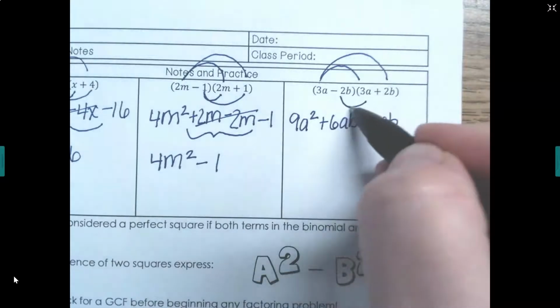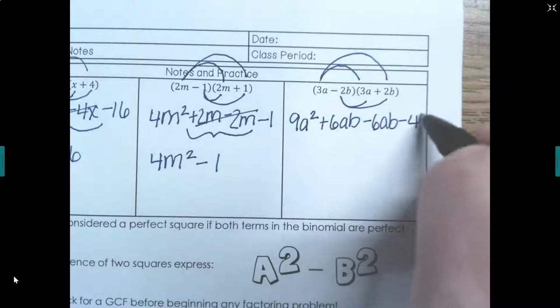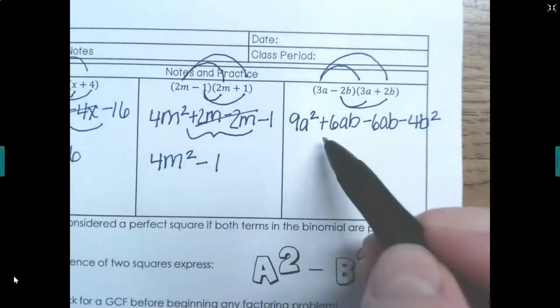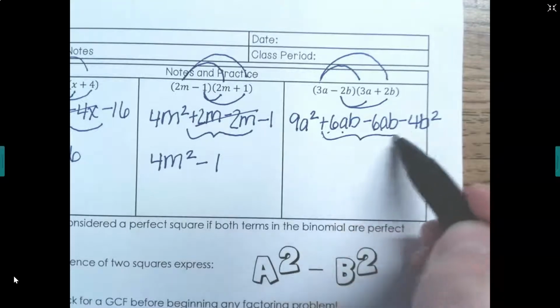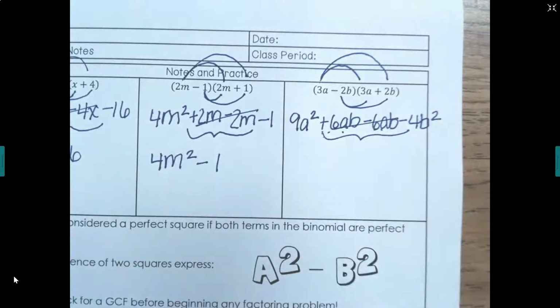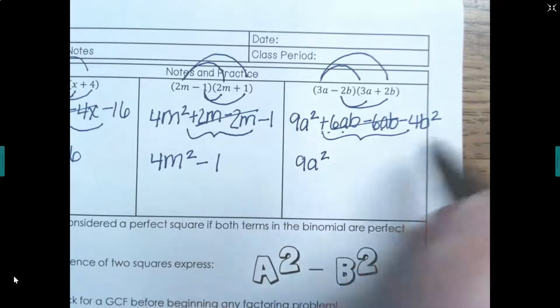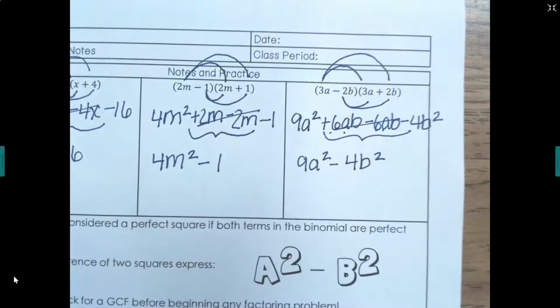And negative 2b times positive 2b will be negative 4b squared. Just like the other times, these two in the middle are exactly the same except their signs are opposite. So when I combine them, they'll cancel out. And I'm left with 9a squared minus 4b squared.